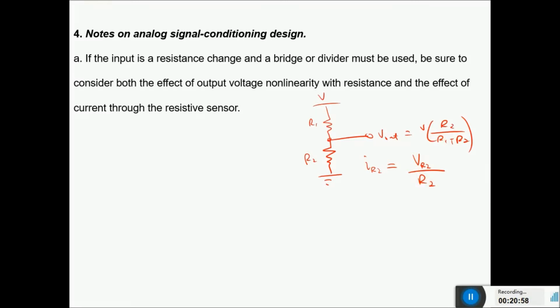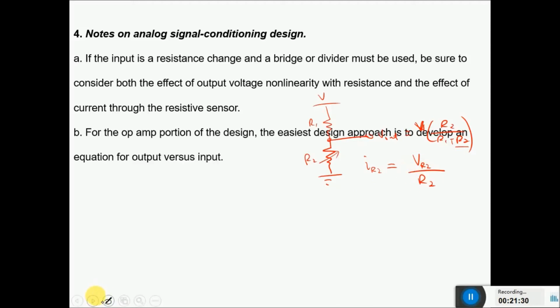This means that some current is passing through your sensor, that is a variable resistor, and the output voltage that you are getting from your bridge or potential divider has a non-linear relationship with your change in resistance, even though that change in resistance was linear. So that non-linearity has to be considered, and the amount of current passing through your sensor has to be considered.